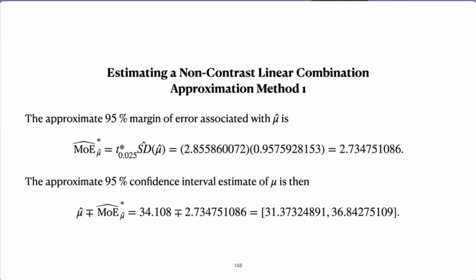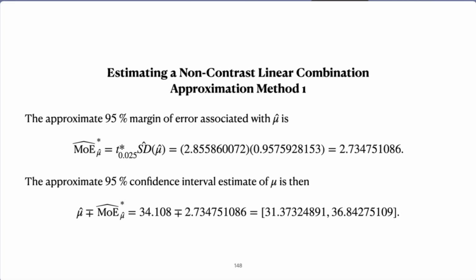Now that we have that, we can multiply that against the estimated standard deviation of mu hat to get the approximate 95% margin of error associated with mu hat. And that value is equal to 2.7347511086.